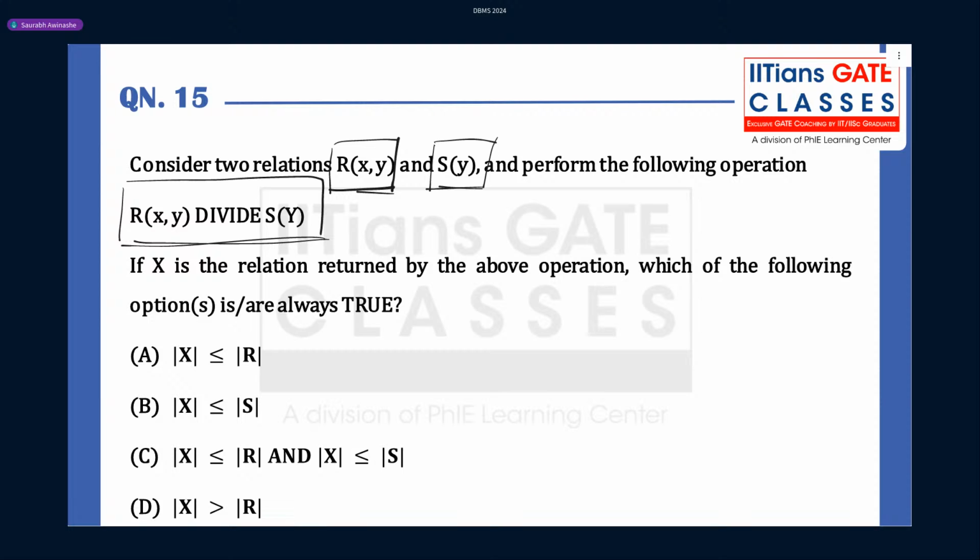So we are saying R(X,Y) divide S(Y). Okay. And whatever is the output that is named as X of R divide S. So we are given some statements about the cardinality of X and let's see what we can do with it.